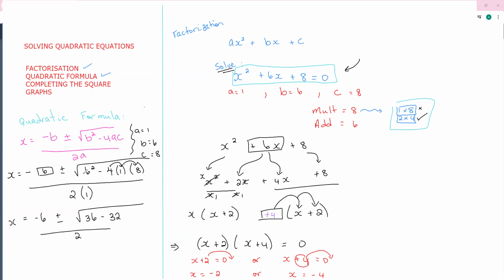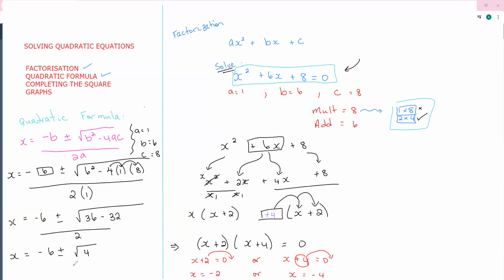Treat your square root as though it's like a bracket. So you have to do what is in the square root first. Right? So treat the square root the same way you would have done brackets, where you work that first. So we'll have x is equal to minus 6 plus or minus 36 minus 32 is 4.